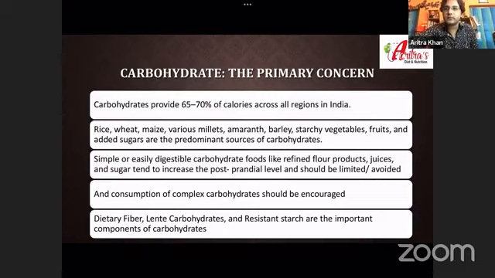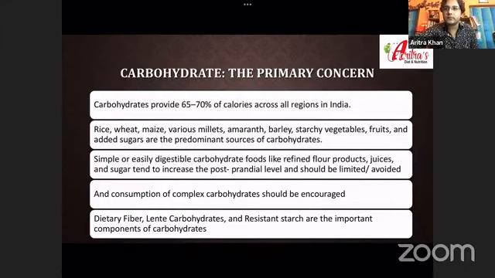You must have heard that diabetic ketoacidosis is a very common phenomenon if a person does not have a sufficient amount of carbohydrate. If you follow my slides, you can see carbohydrate provides 65 to 75% of the calories across all regions of India.